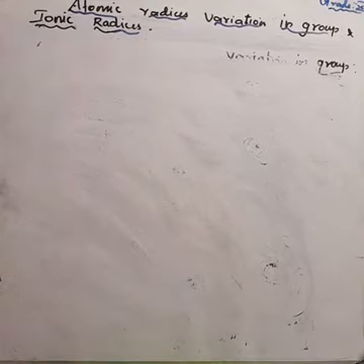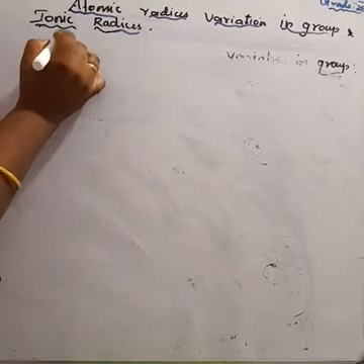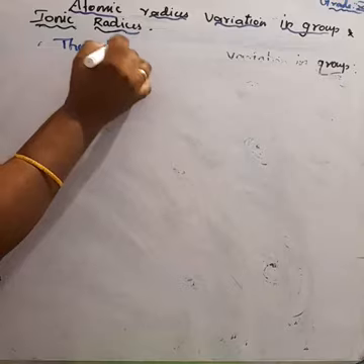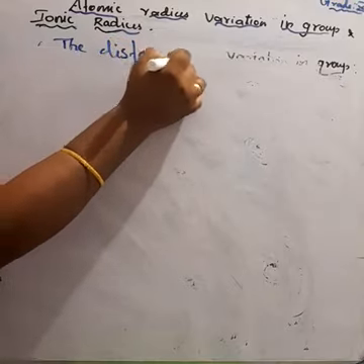Ionic radius is defined as the distance from the center of the nucleus of the ion up to the outermost electron cloud.